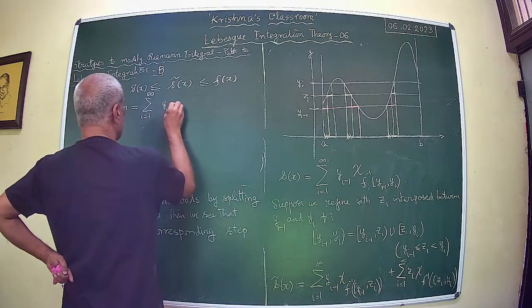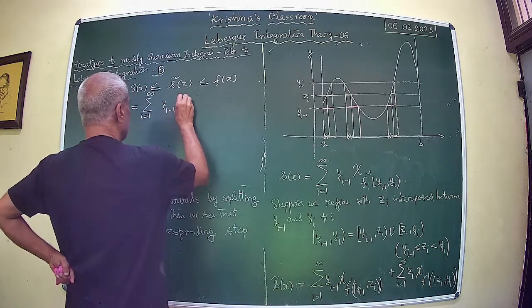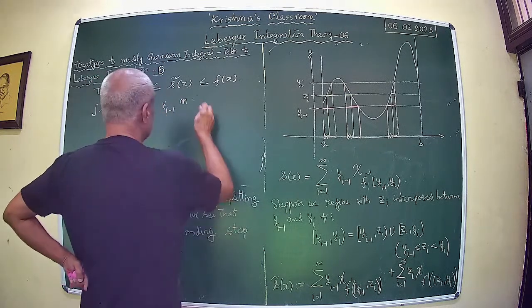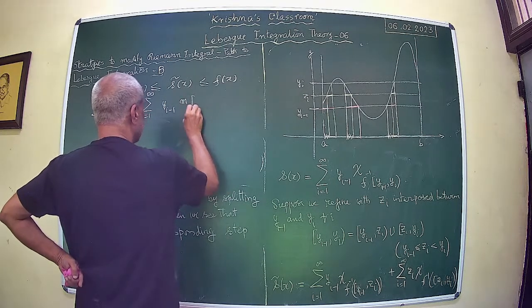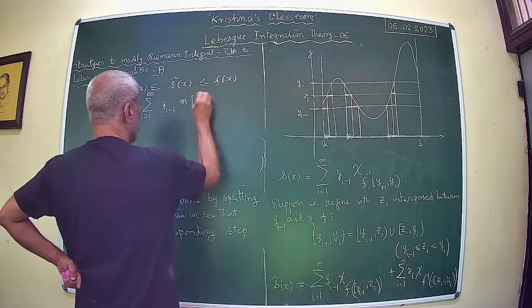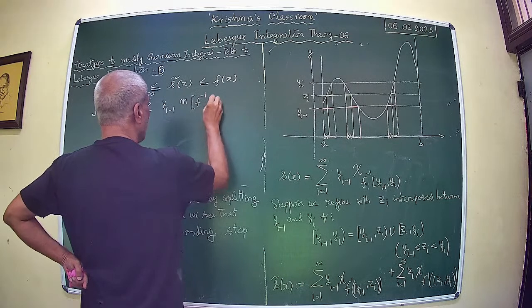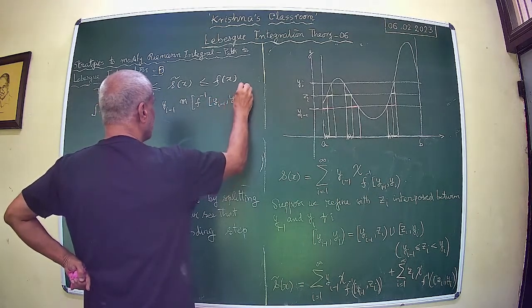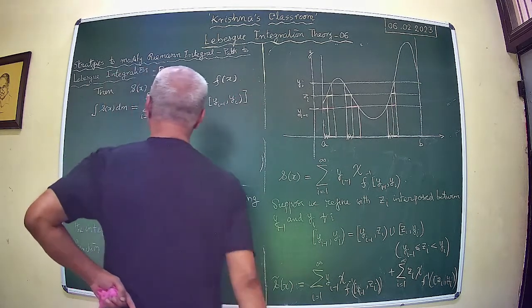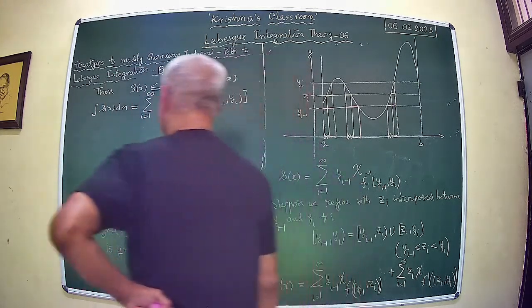Yi minus 1 times measure of the interval, or of the set, F inverse of yi minus 1 yi. This is it. Okay.